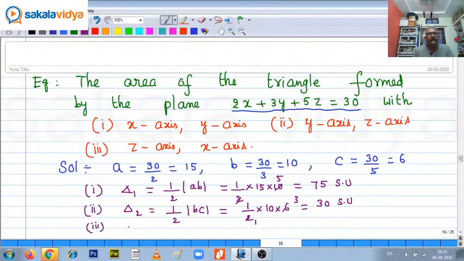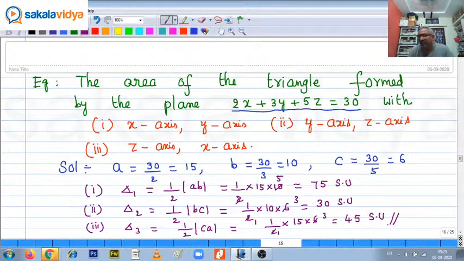Third, delta 3 is half of mod CA, half of 15 times 6, 45 square units. So you can find out like this, right?